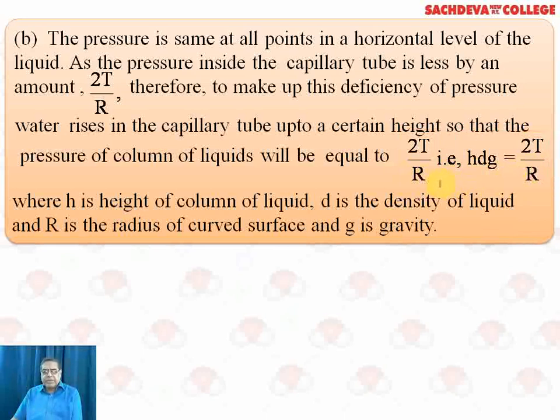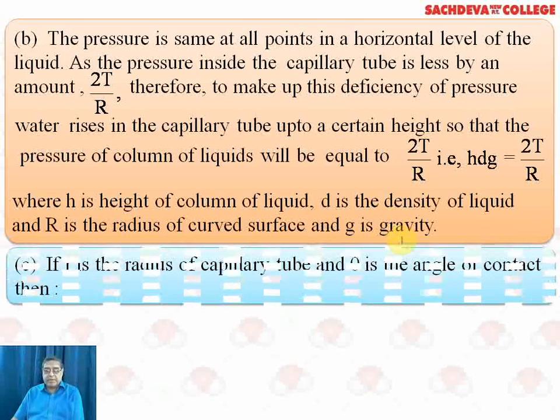And from this equation, we can determine the various parameters. h is the height of the column of liquid, d is the density of the liquid, R is the radius of the curved surface, and g is the acceleration due to gravity, whose value is found to be 9.8 meters per second squared.